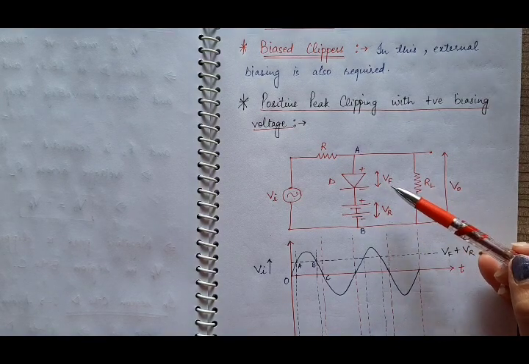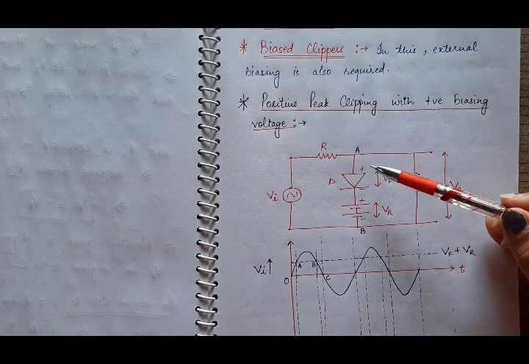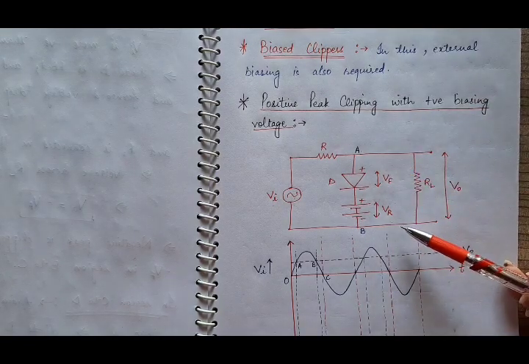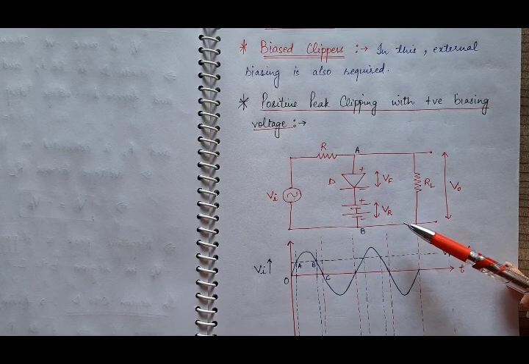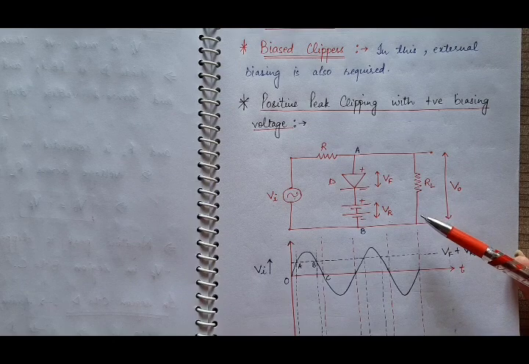It is the minimum voltage required to forward bias this diode, because the voltage across terminals AB is Vf plus VR. When Vi becomes greater than Vf plus VR, only then will the diode be forward biased. Till then, the diode will be reverse biased.